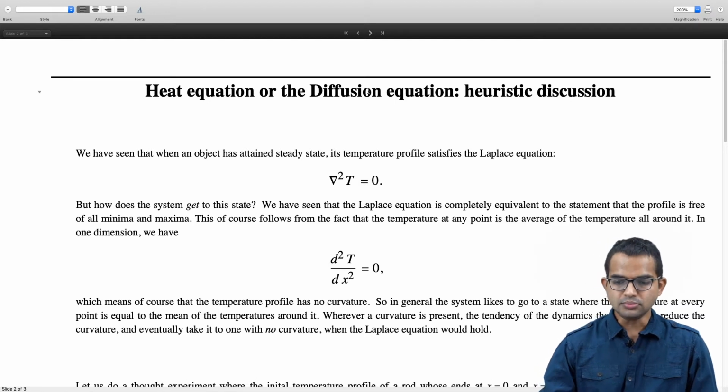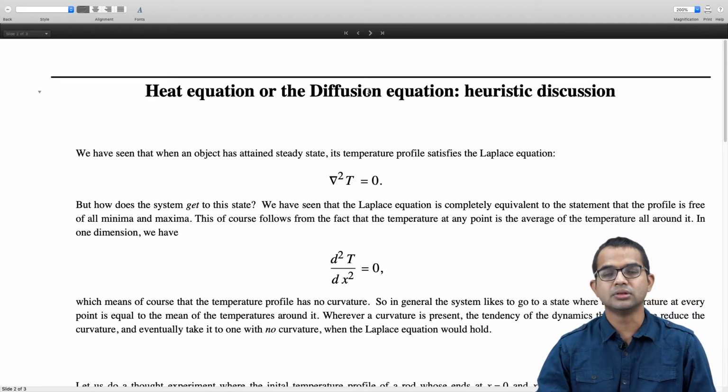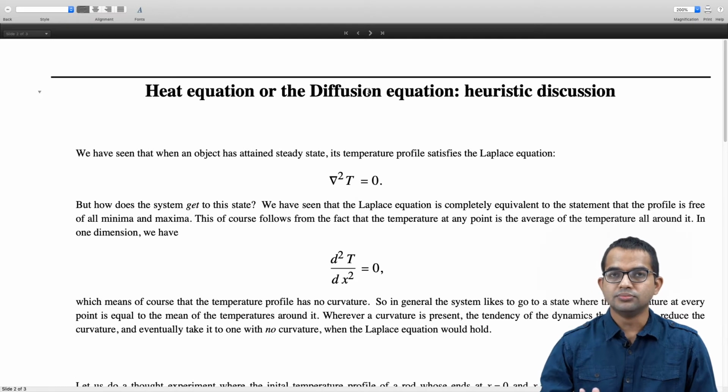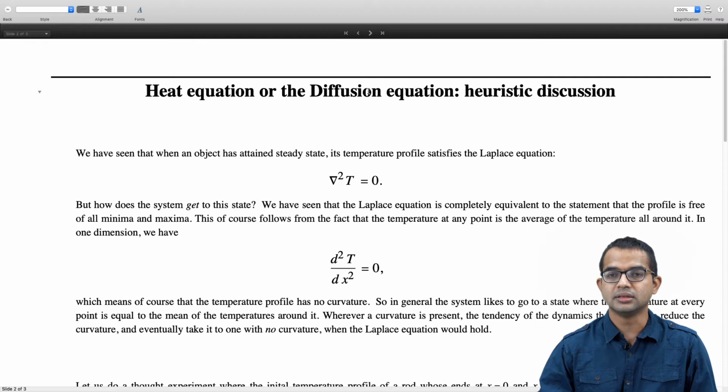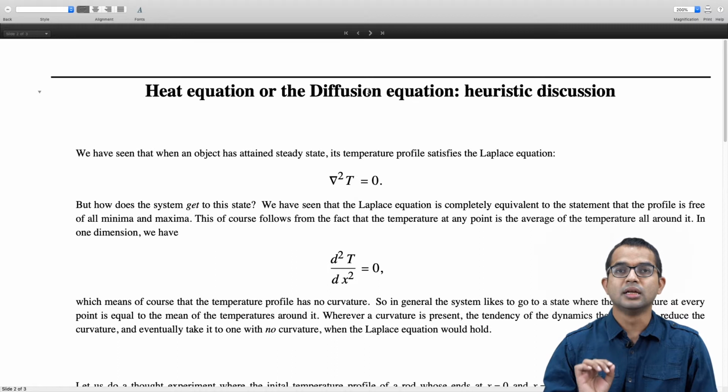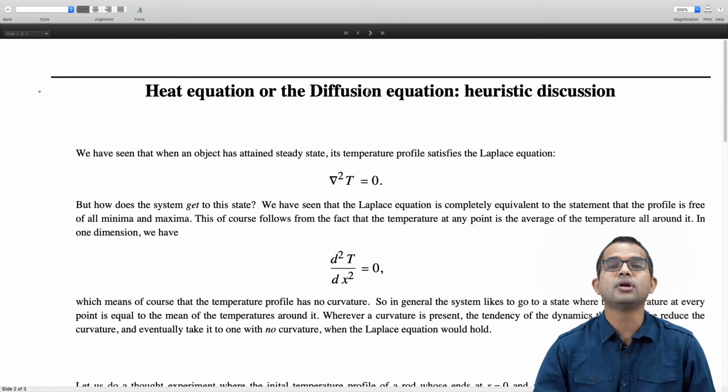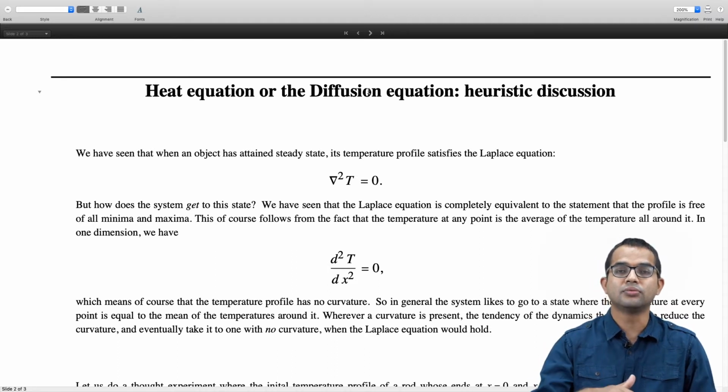So in order to answer this question, we can recollect how the Laplace equation is essentially the same as saying that there are no maxima or minima in the profile, right? Which comes about from the fact that a solution to the Laplace equation is such that the value of the function at any point is equal to the average of the values that the function takes in its neighborhood, right?